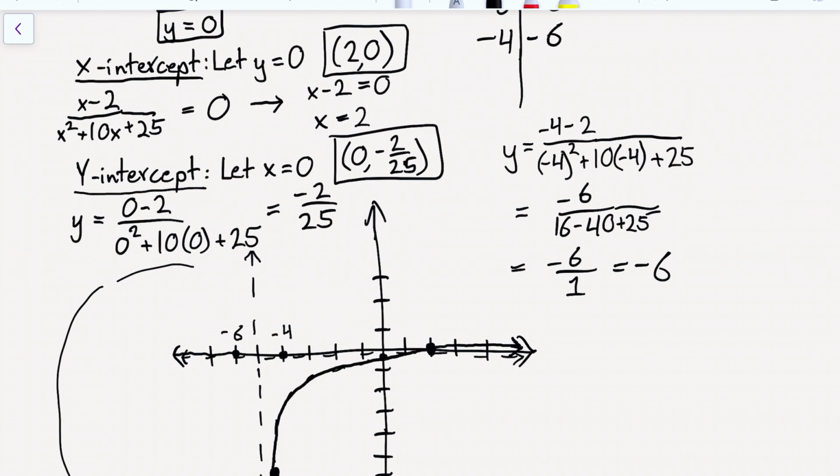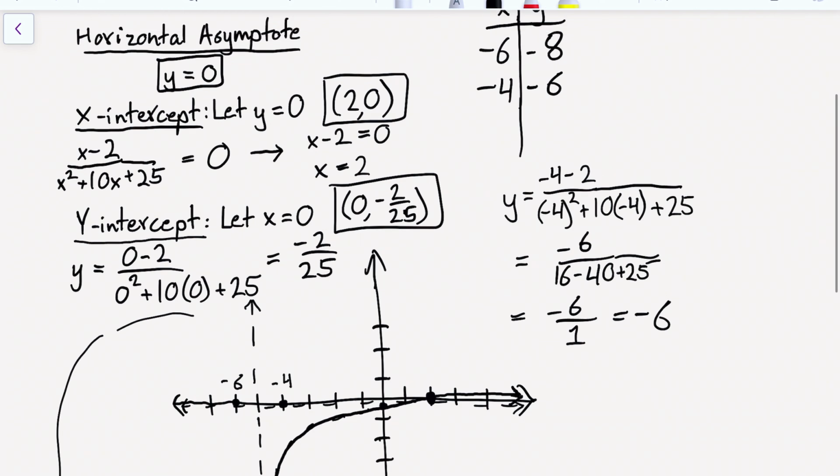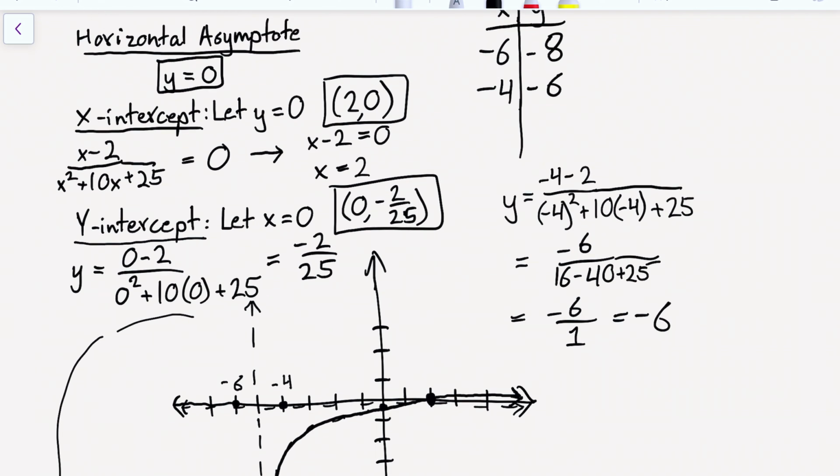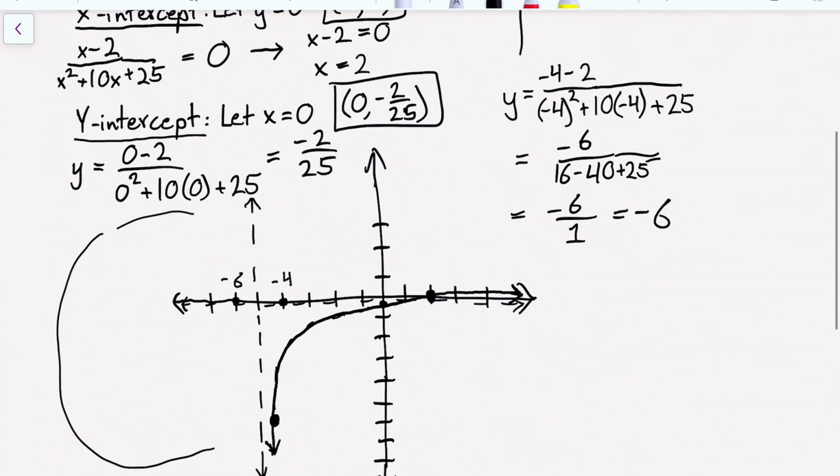So I'm just going to fill in this dashed line. It looks like our function looks like this. On the right side, the y values are going down to -infinity, close to the vertical asymptote. We also know that the graph passes through the point -6, -8. So that's about right here.